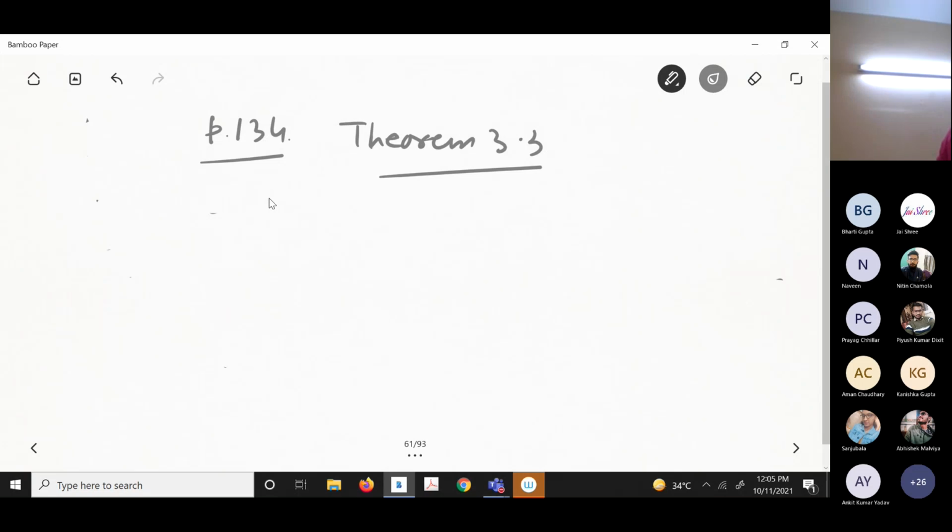So you have a function between two topological spaces. These are topological spaces. And I have given the equivalent conditions.